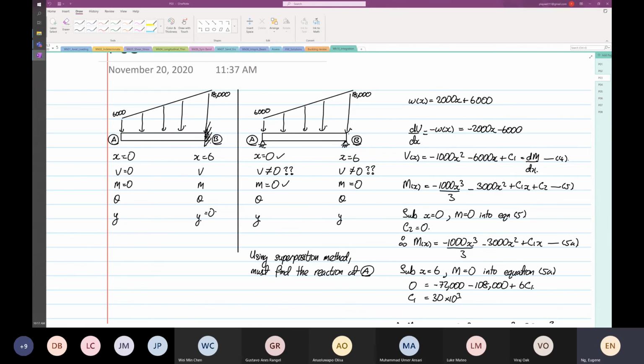Then you can use the equations starting from left to right, because you need to know what is going on at point A. So it's a longer method. I find this method took me quite a while to get used to, I'll tell you that.